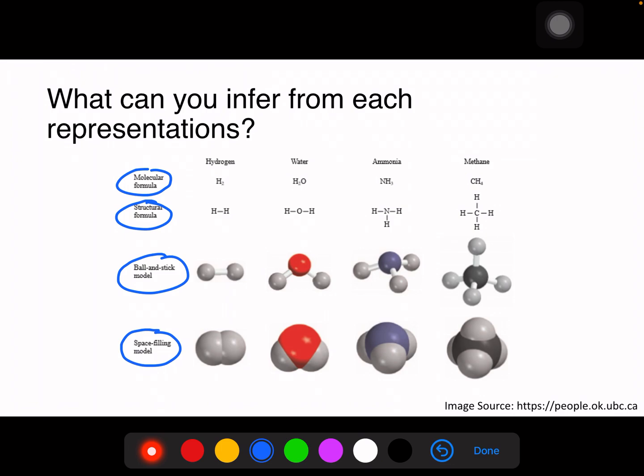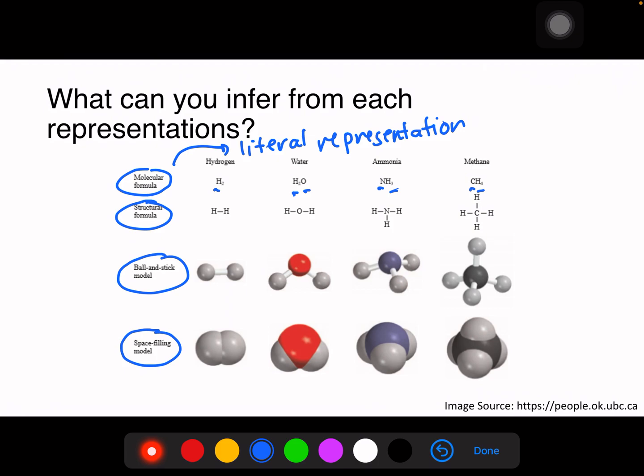First one, molecular formula. Okay, so molecular formula, it is a literal representation. So when I say literal representation, all you can see is a set of letters, just letters that correspond to the specific element or an atom.